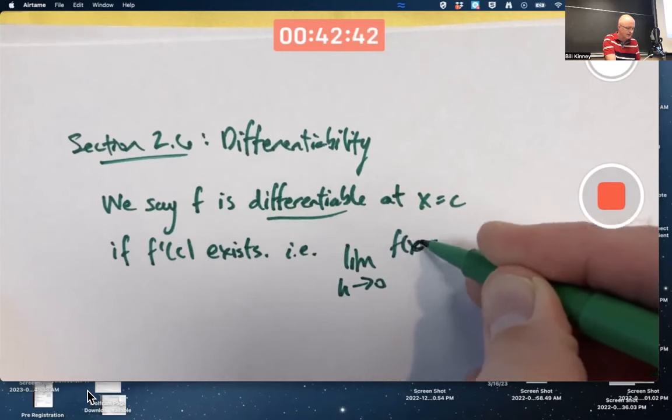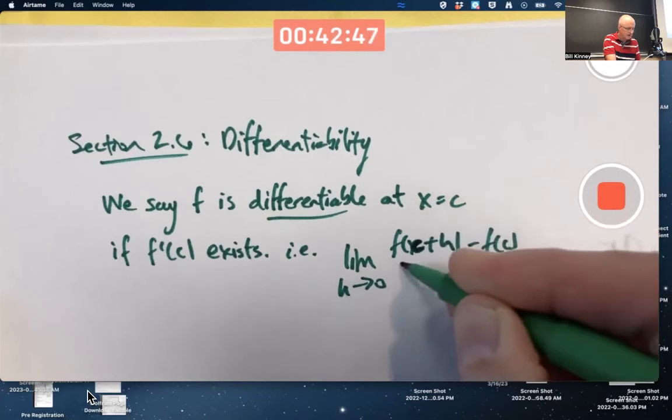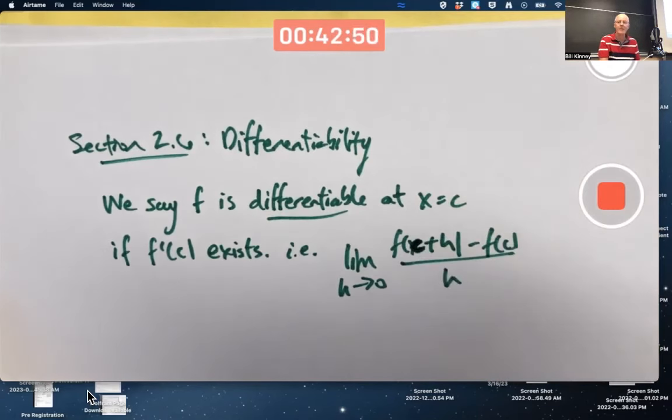And this should be a c there, not an x. f of c plus h minus f of c all divided by h. That's a c right there.